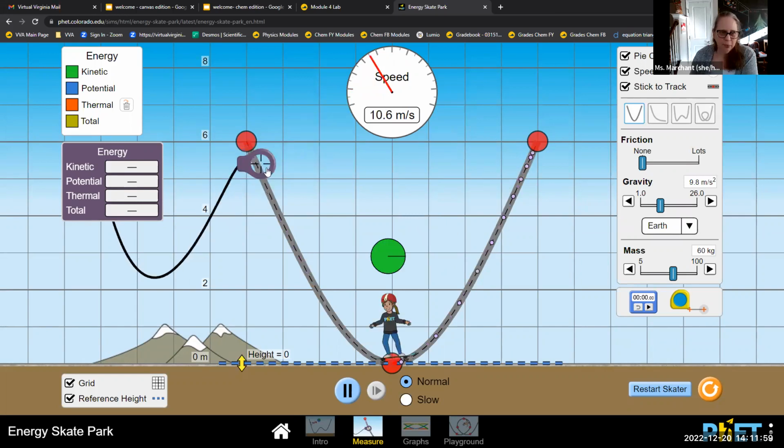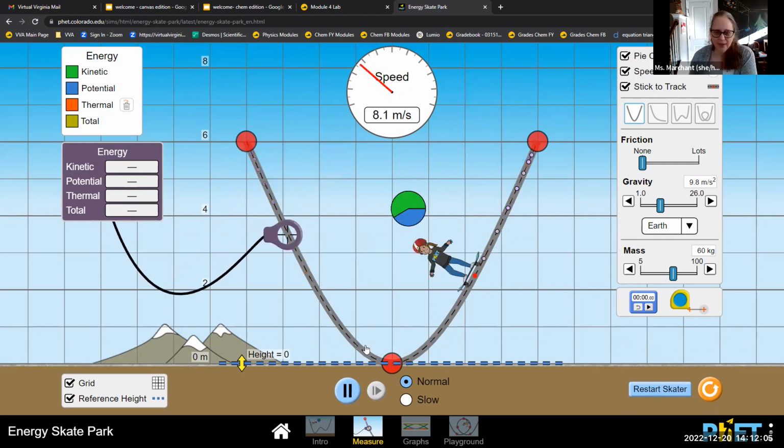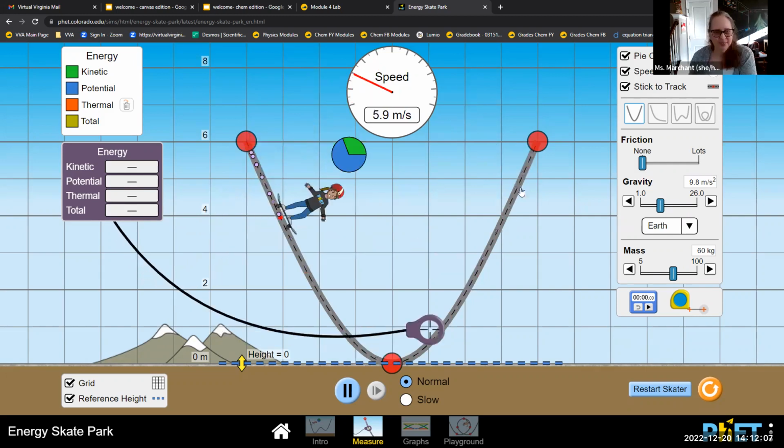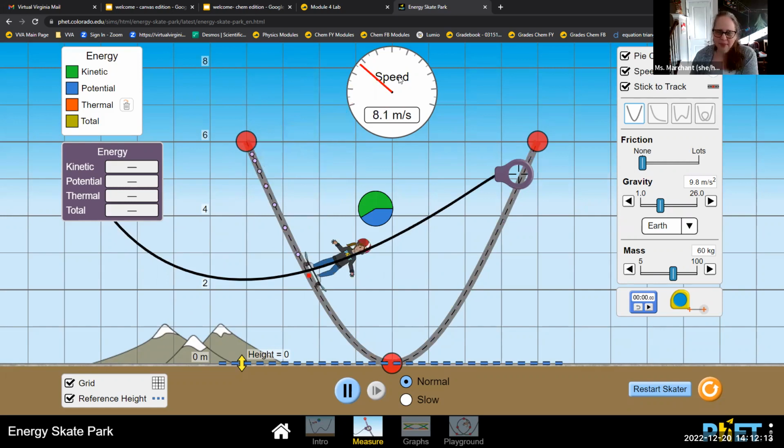Oh, it's each of these points. Oh, it's each of the little points. See, that's what I said. I haven't done this before. So any of those spots that you needed actual numbers, you can get it right there. And then you could back calculate the speed if you have the kinetic energy, remember. Okay, so lots of cool little things right there.